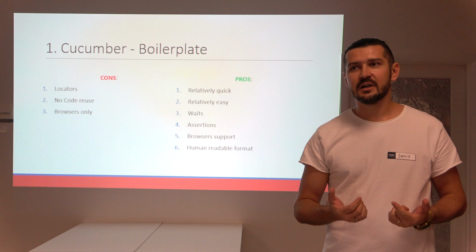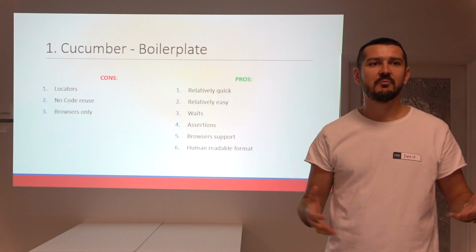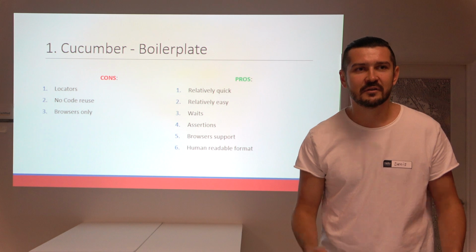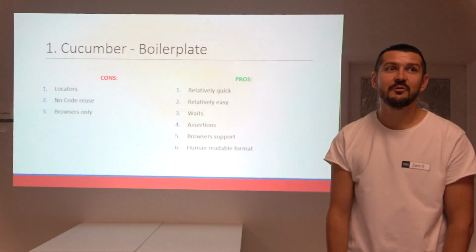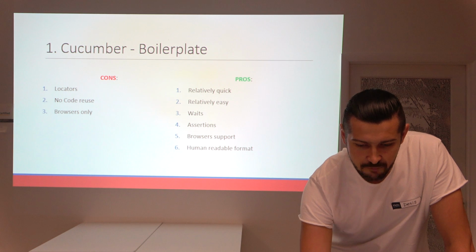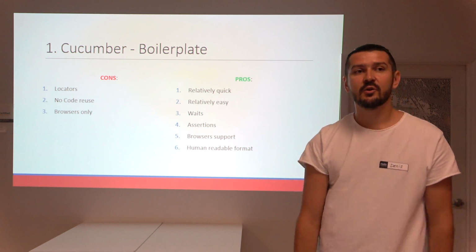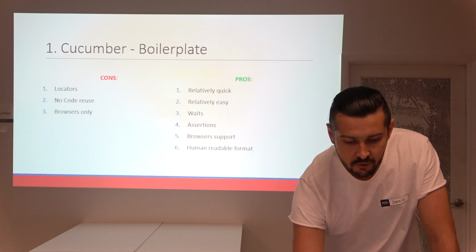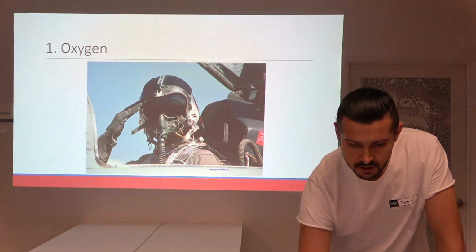In the previous example, it was all given by the recorder. This time you have to figure this out on your end. For some of you, it can be challenging. Yeah, it's boilerplate code, so no code reuse again. And it's only for web automation.